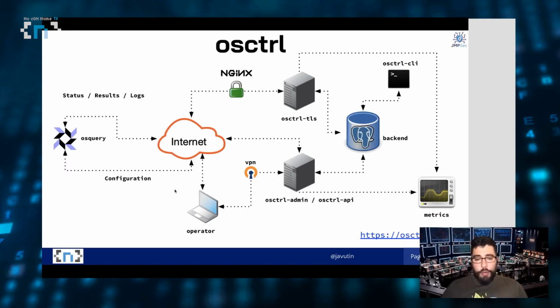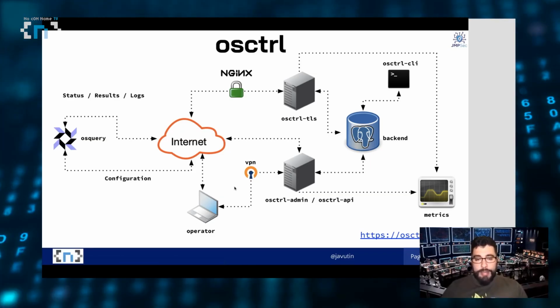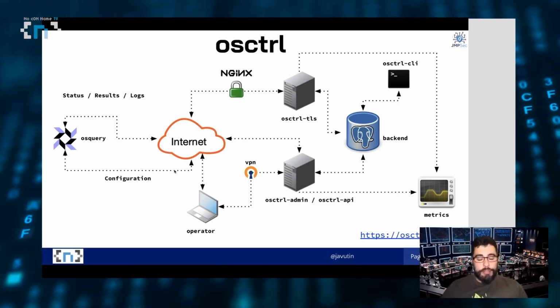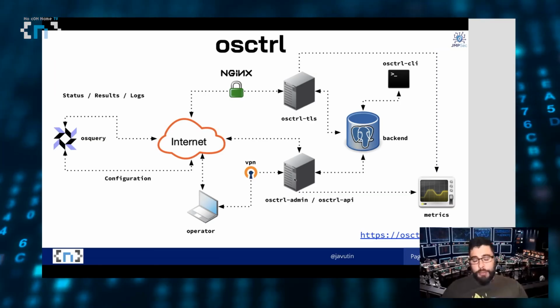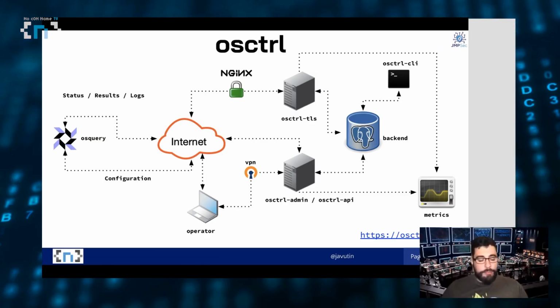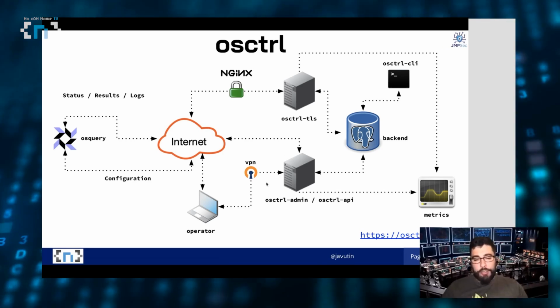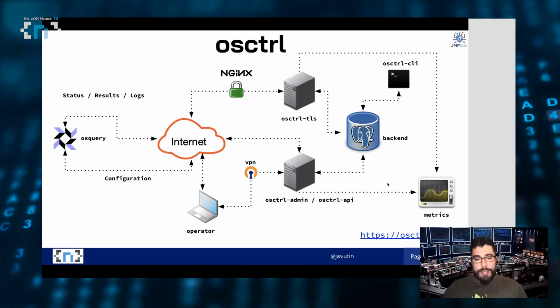So those are going to be the components used by the operator of OS control to basically manage all the clients that are enrolled in OS control. And most likely they are going to be located in some sort of secure protected area or DMZ. So access through a VPN, usually that's the case.